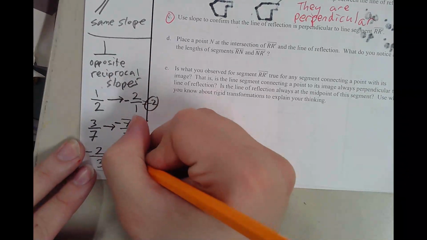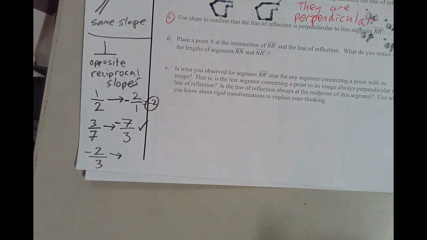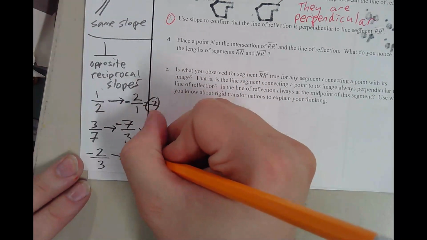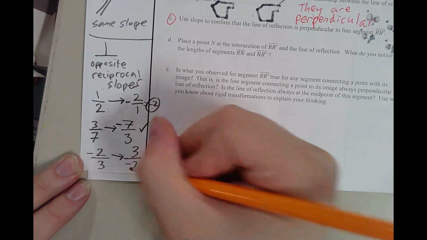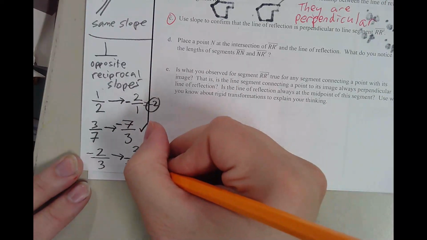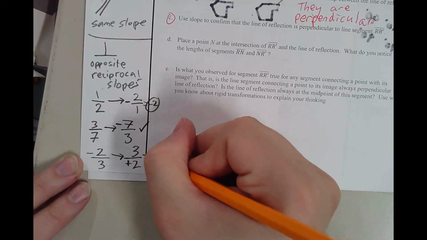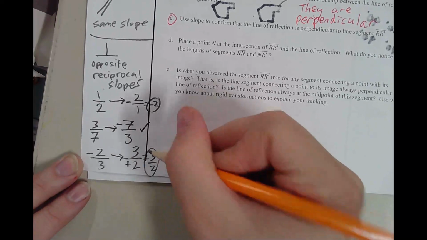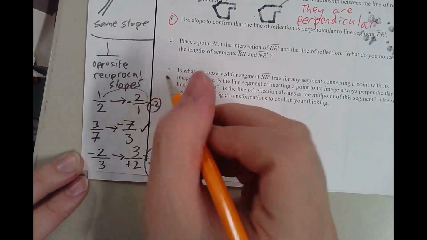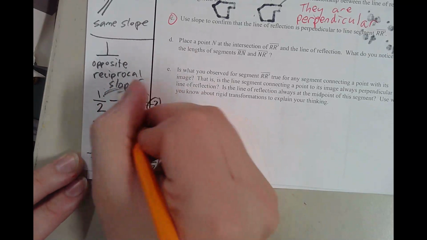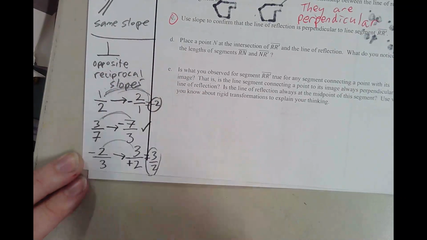How do I flip it and switch it? Flip it, but also switch it. So we have negative is positive. We get 3/2. So these ones will be perpendicular because they're opposite reciprocals.